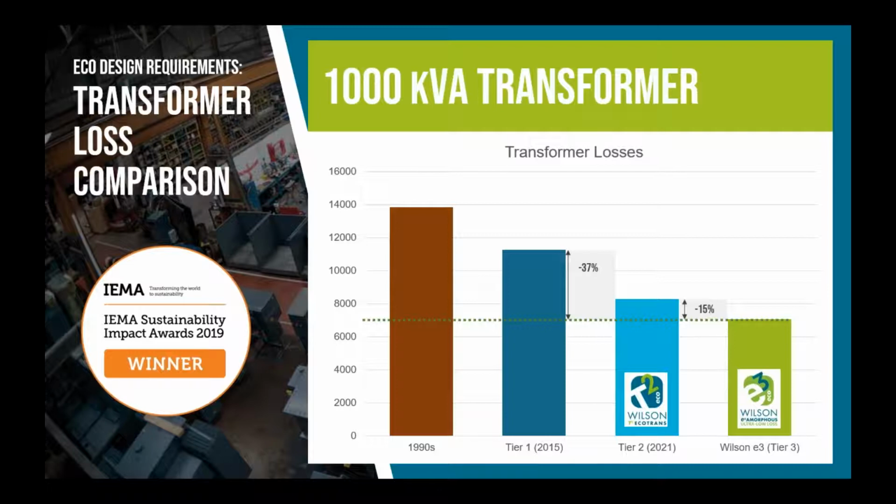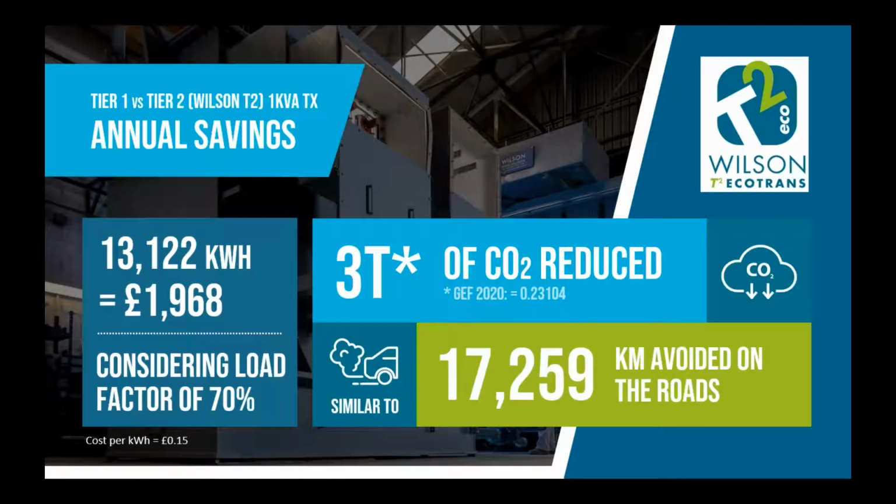If we want to look at numbers, like how much that would save you financially and in a carbon sense, if we take the case of the 1 MVA again, on a 70% load factor, the annual savings for opting for Tier 2 compared to Tier 1 will be 13,122 kilowatt hours annually. This is what you will save.